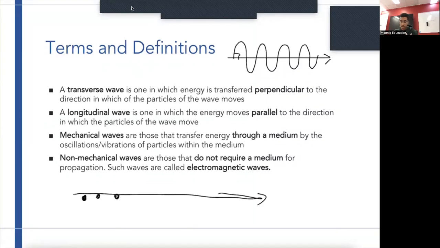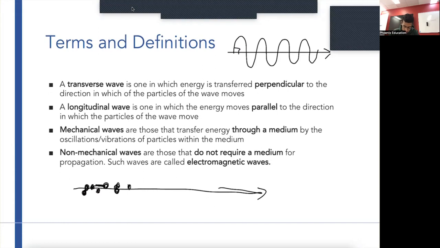What I meant by the particles themselves not moving is that they just vibrate, colliding onto each other. This particle collides onto the next one, transferring energy, and onto the next one. Once they've transferred the energy, they move back to the original rest position. An example of a longitudinal wave is a sound wave.